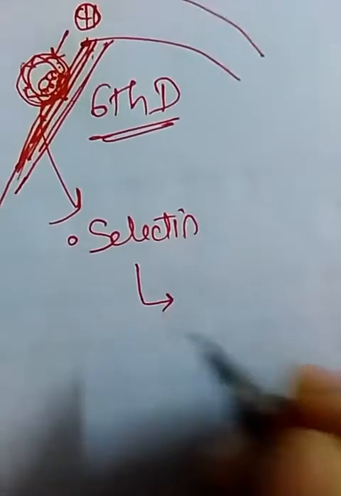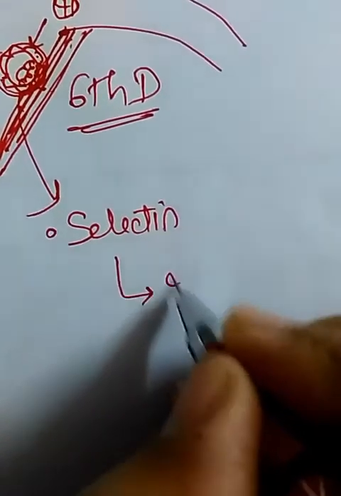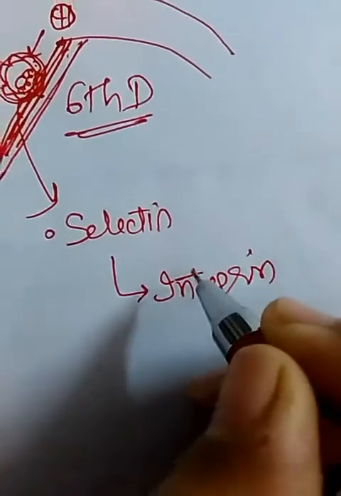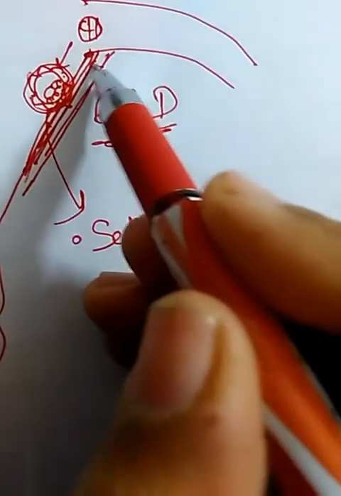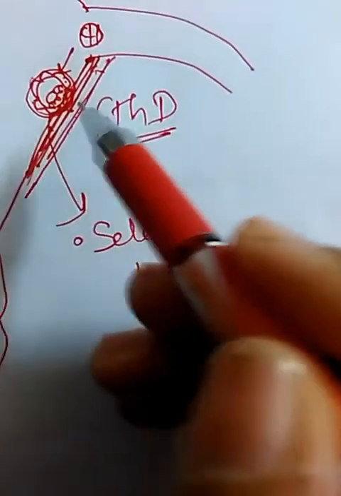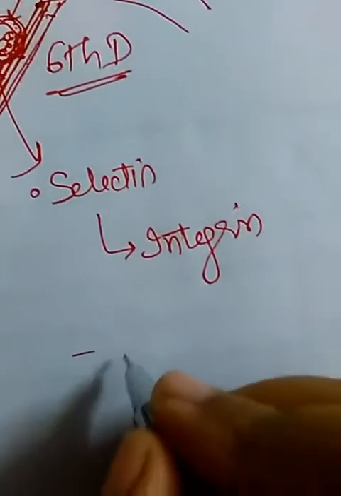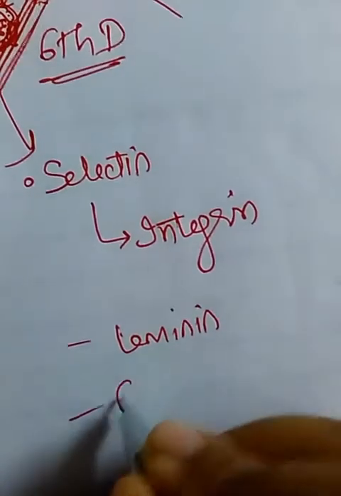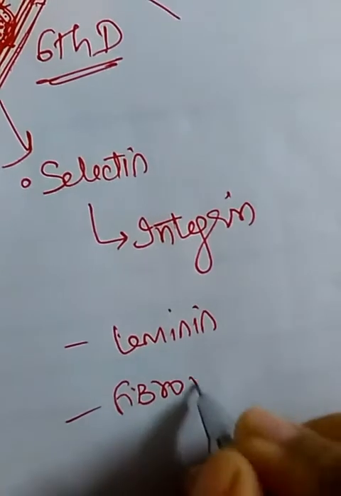This selectin helps in the first adherence. After that, when it enters the uterine wall more and more, it secretes integrin. Also, the extracellular matrix here secretes laminin and fibronectin.